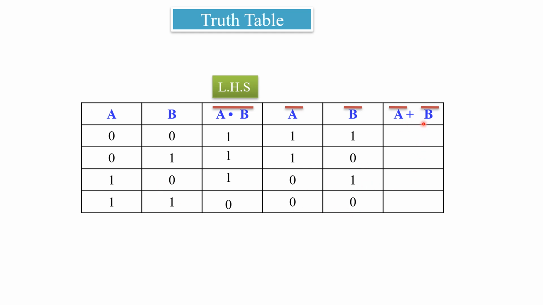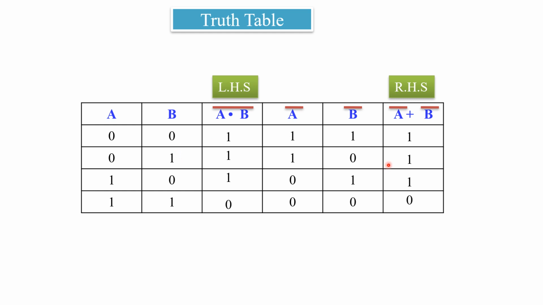So now A bar plus B bar: 1 or 1 is 1, 1 or 0 is 1, 0 or 1 is 1 and 0 or 0 is 0. So here we got the right hand side as 1 1 1 0.